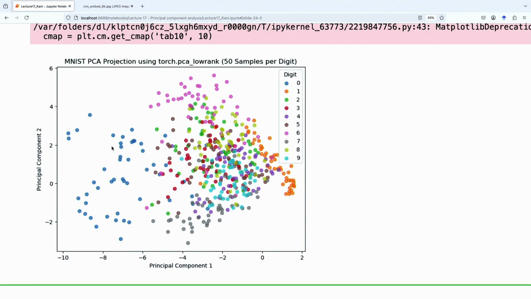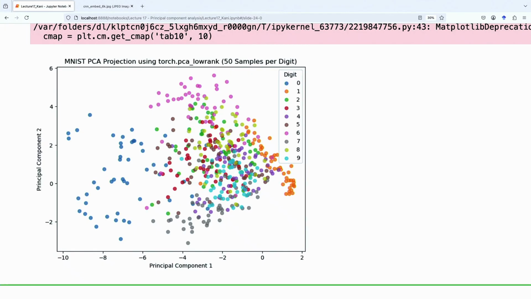This is literally no machine learning. This is all analytical math. We're just segmenting the images by how they look, and what their pixel representation is like.